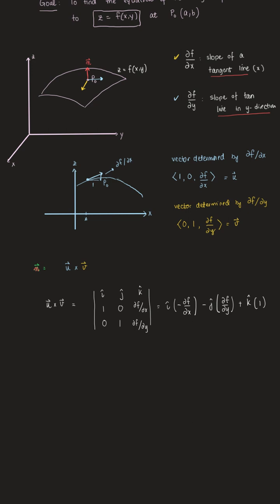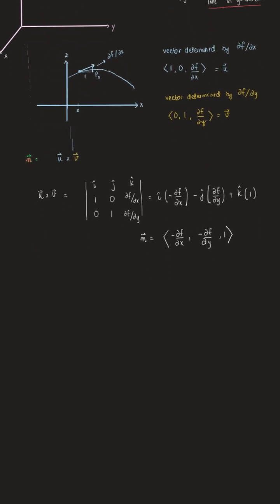And so our normal vector to the tangent plane has coordinates negative df dx, negative df dy, and 1.